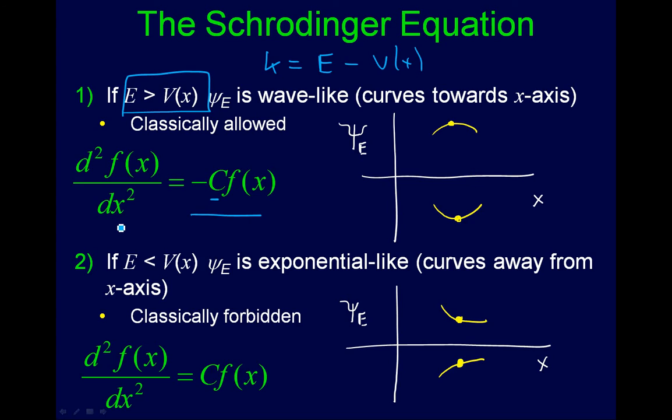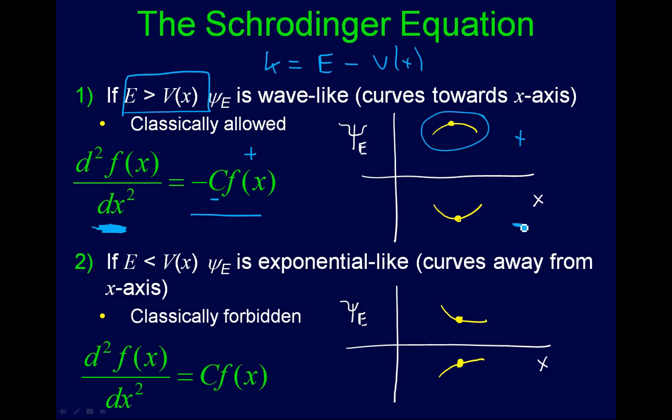Another way to look at that is in this equation, this second derivative measures the concavity, right? In the case where I'm on the positive side of the axis, my function is positive, then the concavity is negative c times a positive number, so it's negative, and so it's concave down.